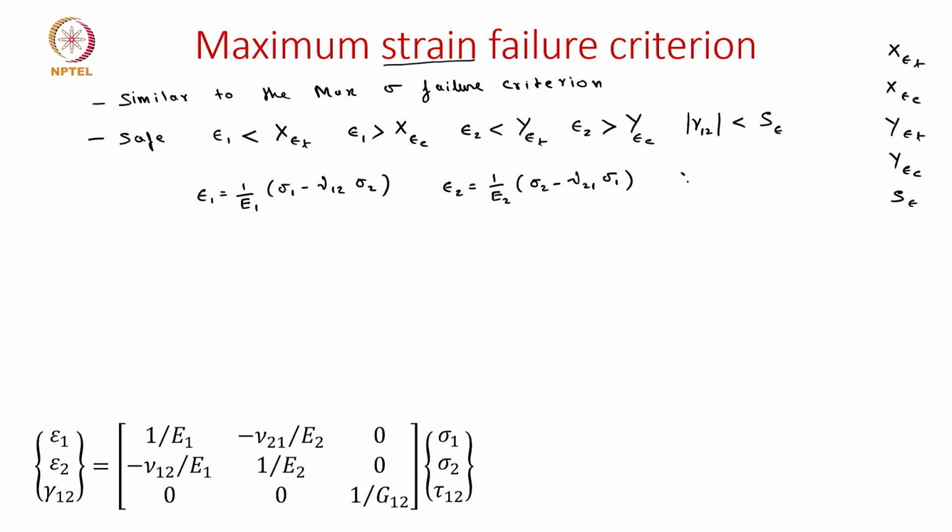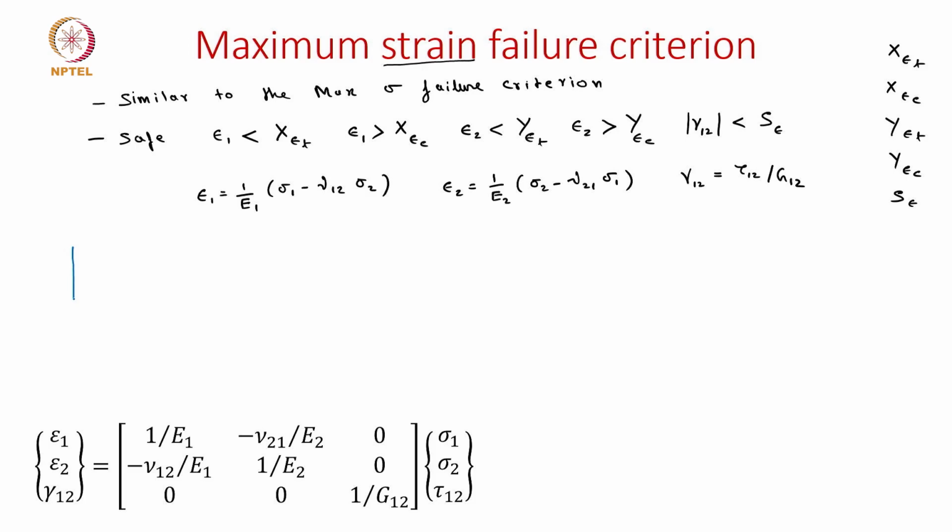And gamma 12 is given as tau 12 by G12. So this gives the three expressions we need to find the strains in terms of the stresses in the material coordinate system. But now let's see if we are applying uniaxial stresses as we discussed earlier.